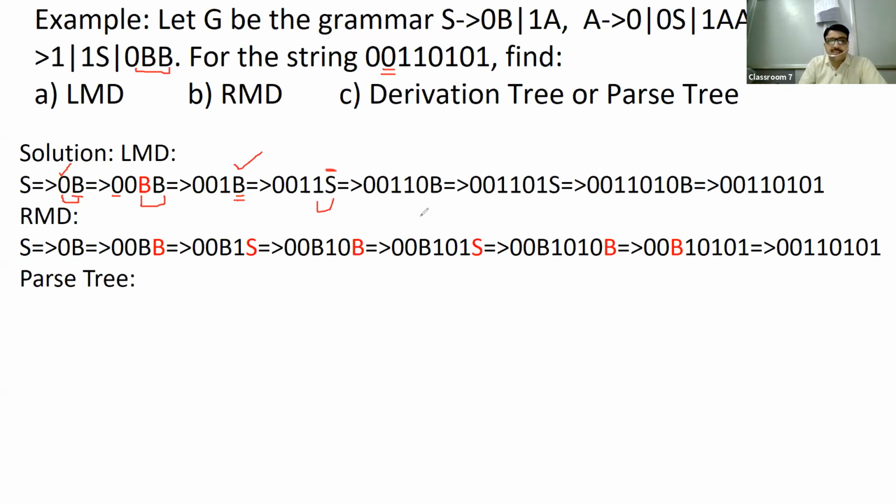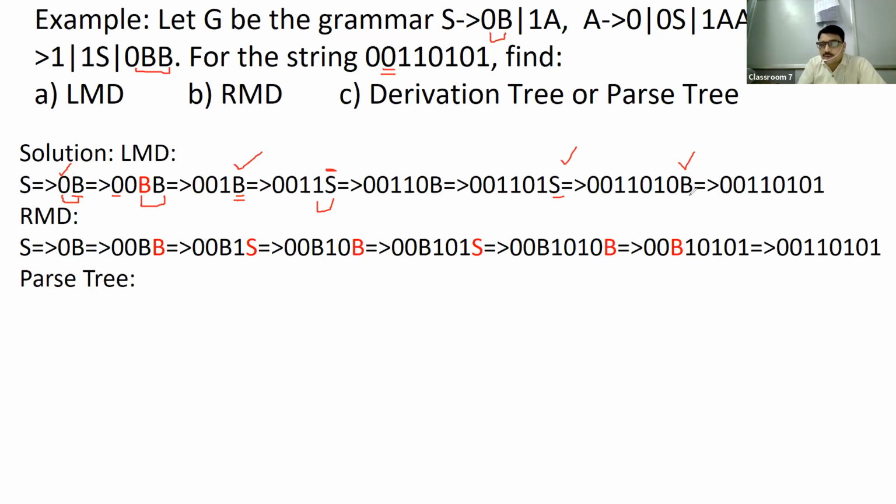Directly, we can expand it to 0B because it is the production of this one, right? Now S is expanded because S is the variable. So that is 0B. Then for B, now you have to check the given string or the derived string: 0 is completed, 0 is completed, 1 is completed, 1 is completed, 0 is completed, 1, 0, 1, 0. Now B is a variable and your requirement is only for 1.